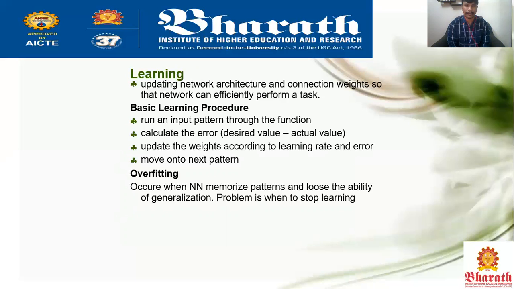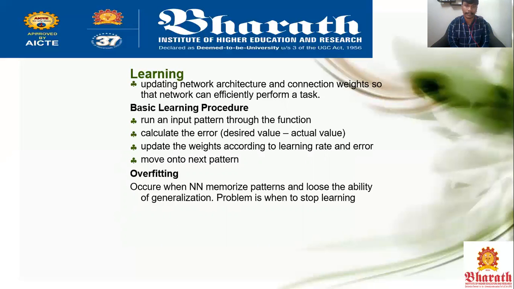The basic training or learning procedure is to run an input pattern through the function. An input data pattern will be processed and run through the function, and the error that is detected will be calculated, whether it is the desired value or the actual value.